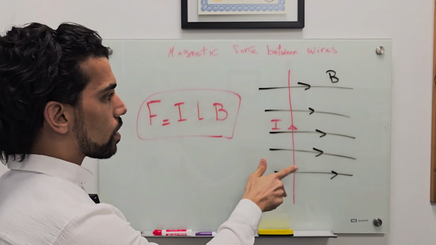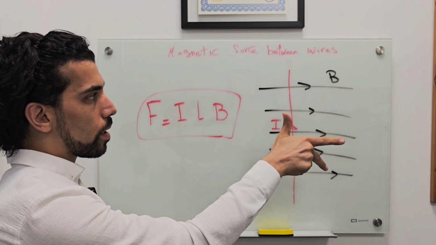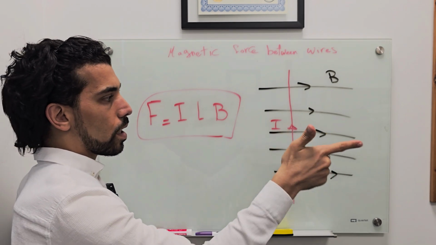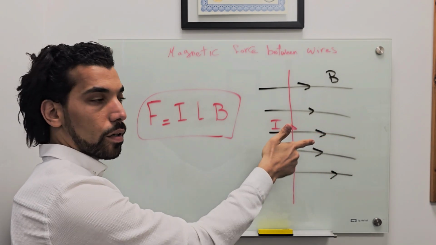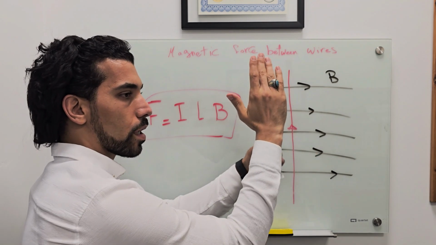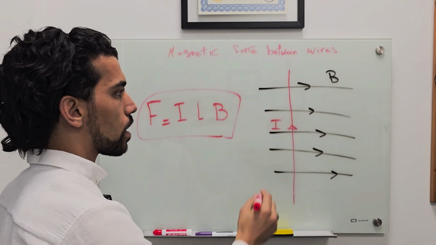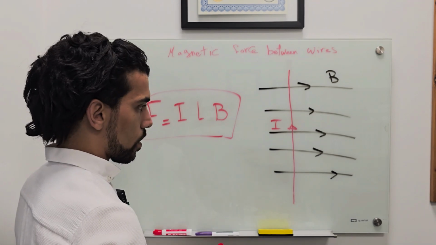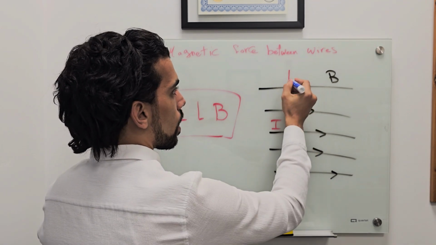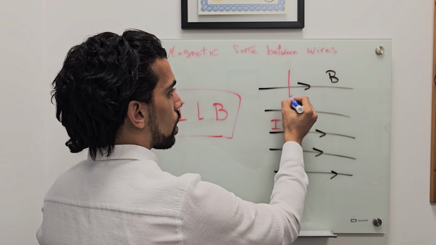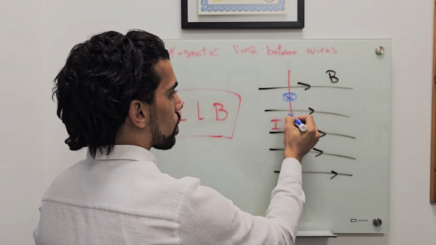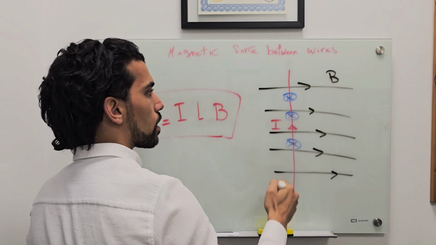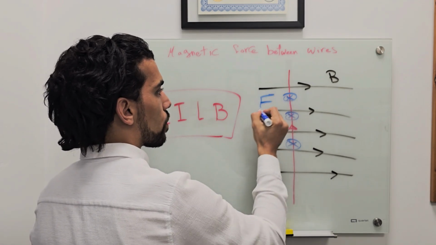So for our case, the current is going up, the magnetic field is going this way, so the force is going inside the board, okay? So there is some pulling force inside. Let's use this as an indication for the force itself. The force, this back of the arrow, is going inside. So this is the force created.